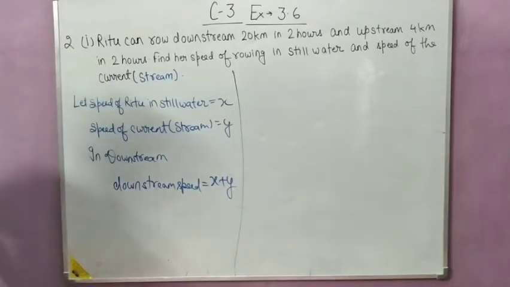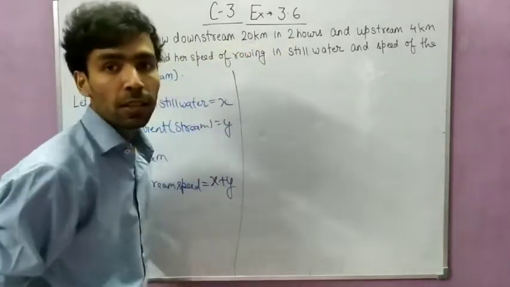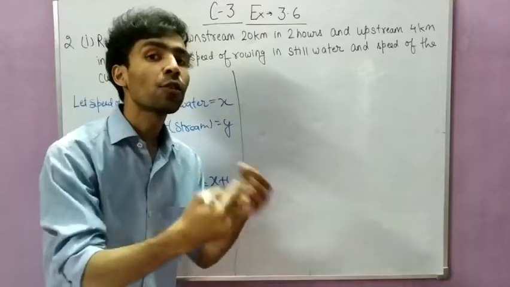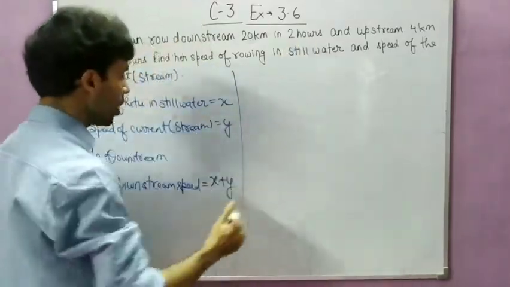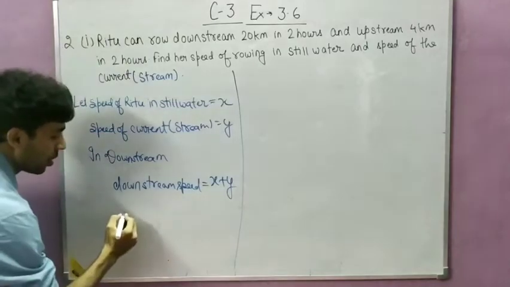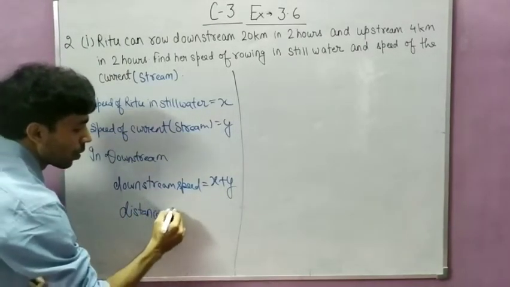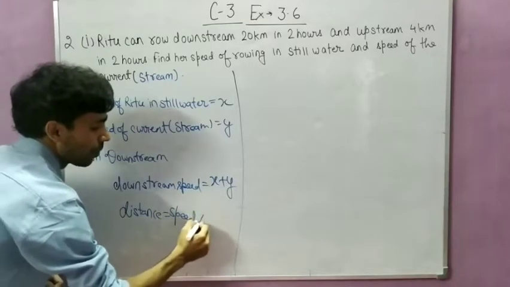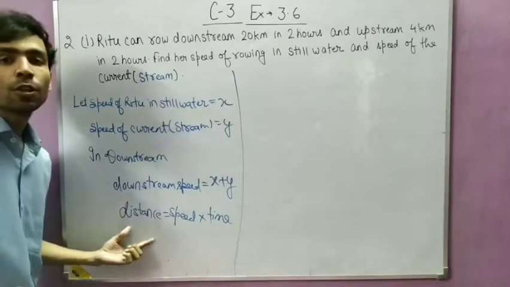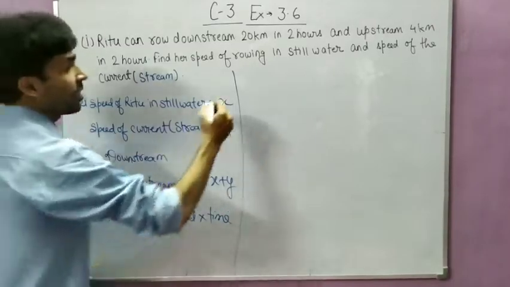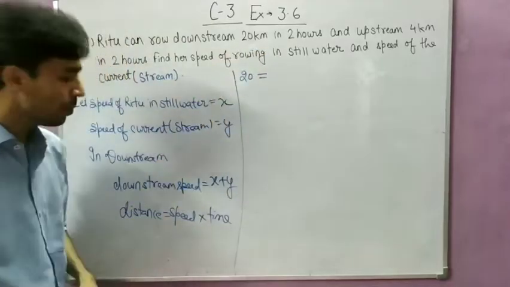Now student, tell me one thing. Ritu can row downstream 20 km. She is going 20 km in downstream. In how much time? 2 hours. So you know now, distance is equal to speed into time. This is the concept of physics. Distance is 20 km because she is going in downstream.